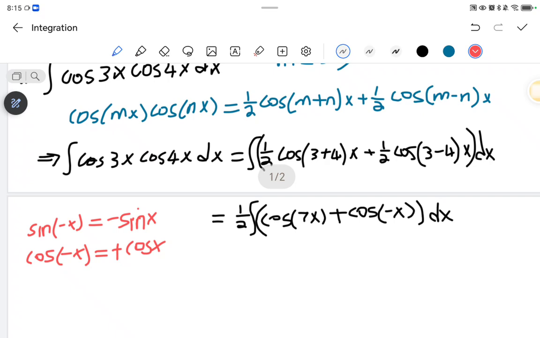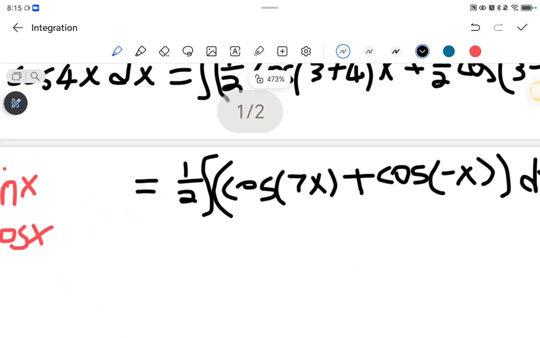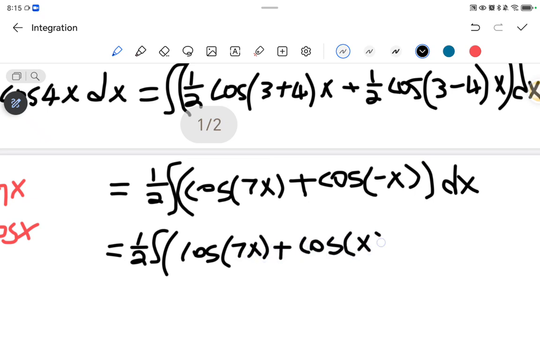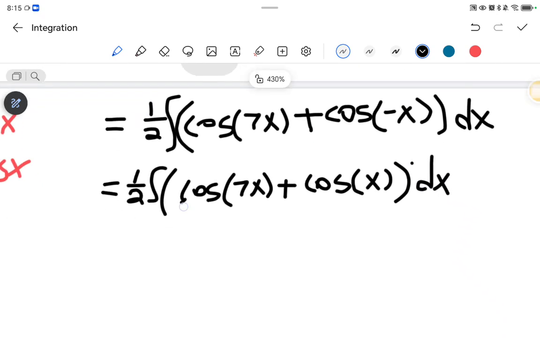You see, right? And then this will be 1 over 2 integral of cos of 7x, start by applying this, cos of x dx.